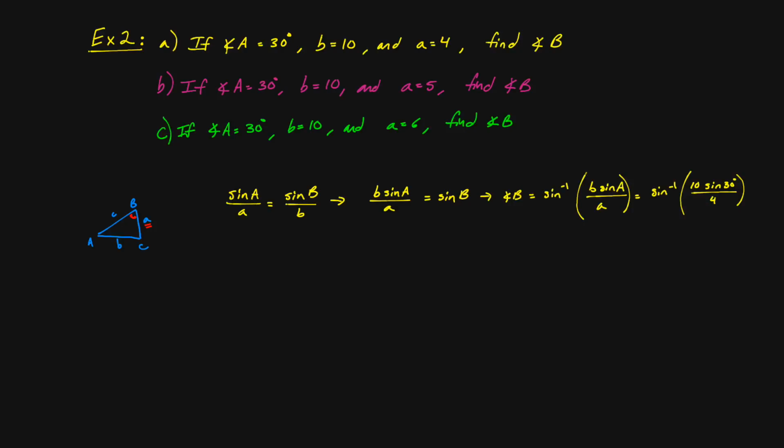That leaves sine inverse of 5/4, since sine of 30 is 1/2. Now, look at 5/4. I don't even have to put this on my calculator to tell you that's not going to give you an answer, because that is greater than 1. That is a ratio greater than 1.